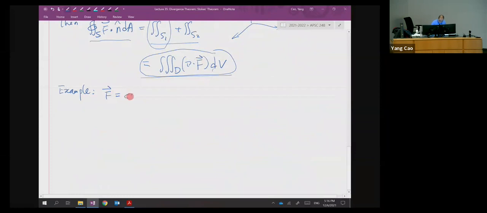Okay, so let's take a look at this example. I'll give you a vector field x, y, y, z, and x, z. Here's a vector field. This is a very similar example that I presented as a tutorial question. And then you have a cube added here.